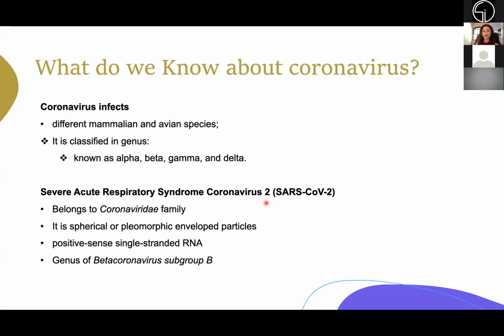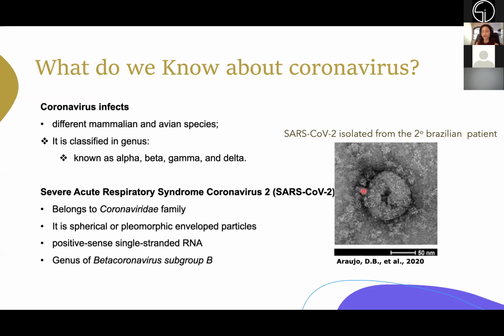And SARS-CoV-2, severe acute respiratory syndrome coronavirus 2, belongs to the Coronaviridae family. It's the circles, as you can see in this electron microscopy picture, that was obtained in our group from the SARS-CoV-2 virus isolated from the second patient in Brazil.